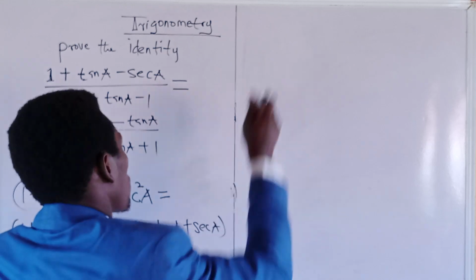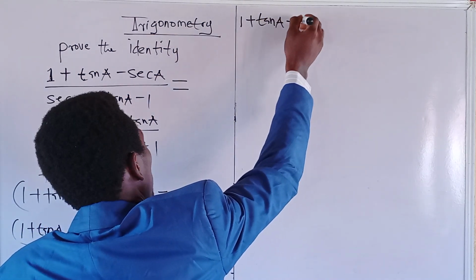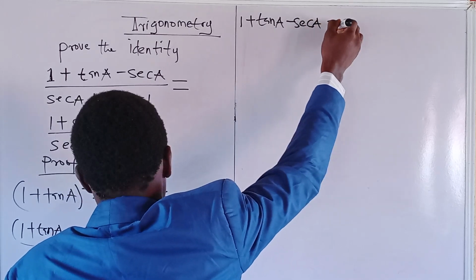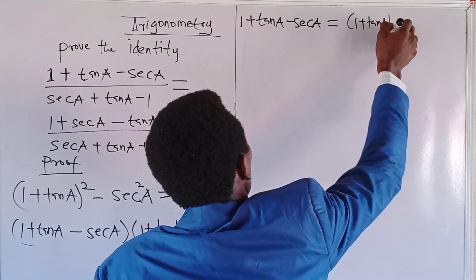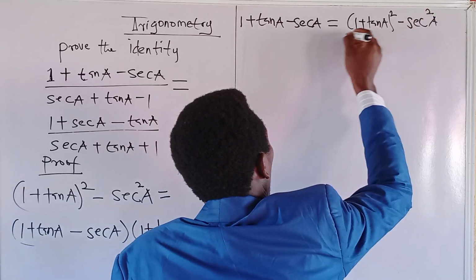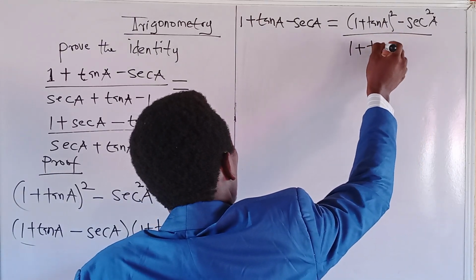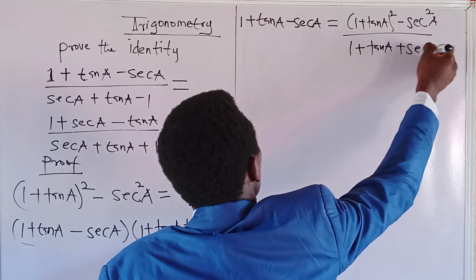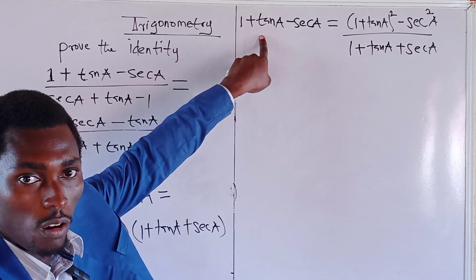We have our result: 1 plus tangent of A minus secant of A is equal to 1 plus tangent of A all squared minus secant squared of A over 1 plus tangent of A plus secant of A, because our aim is to make this expression the subject of the formula.